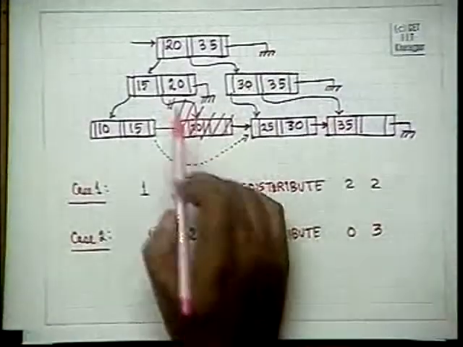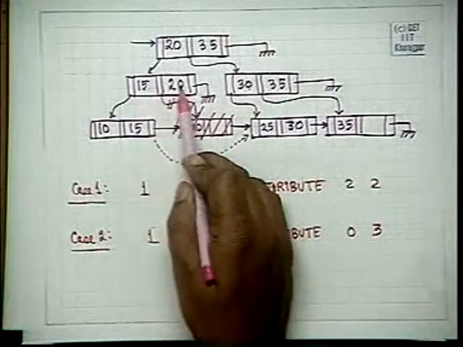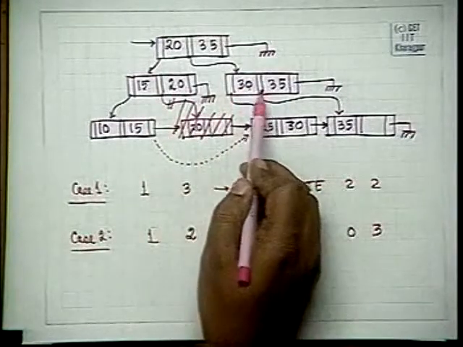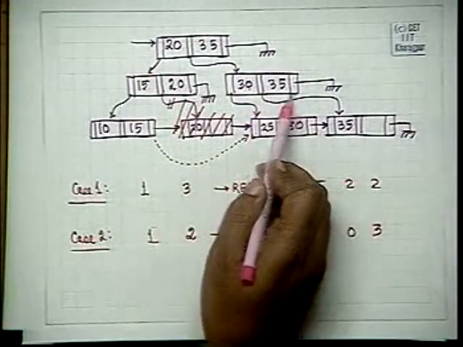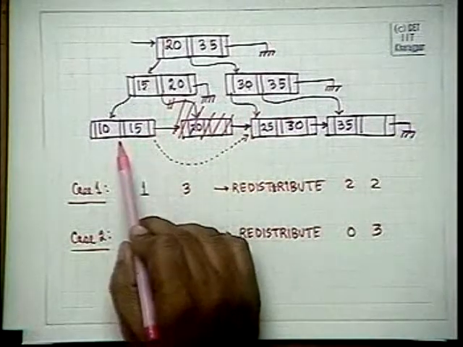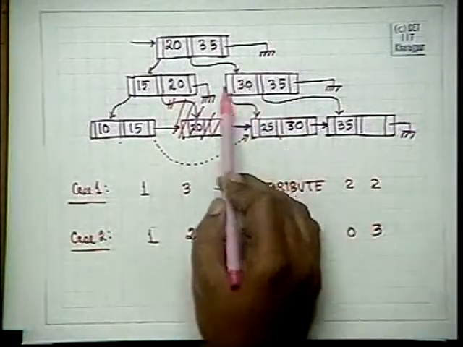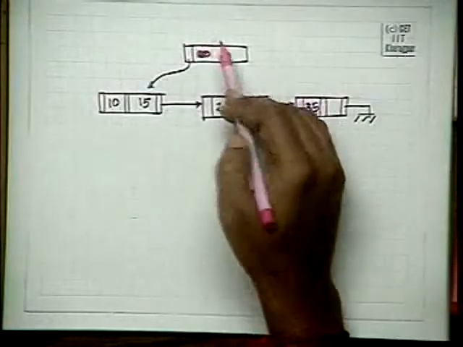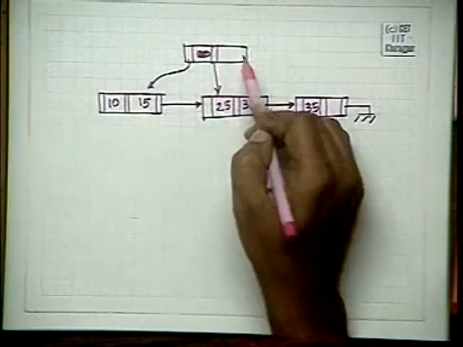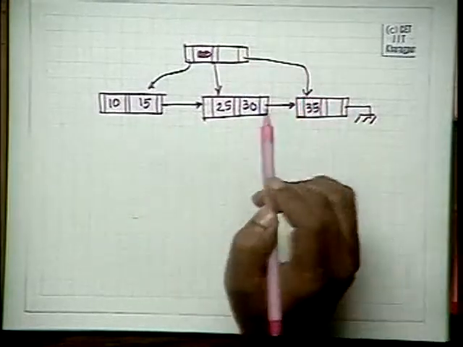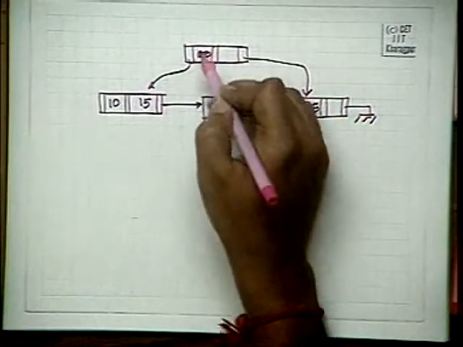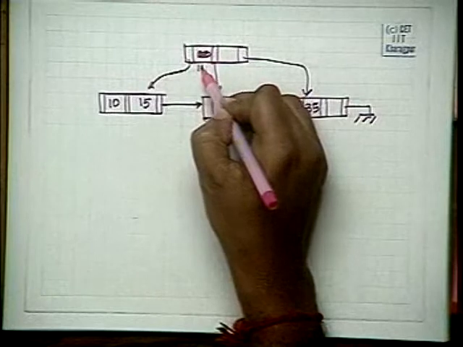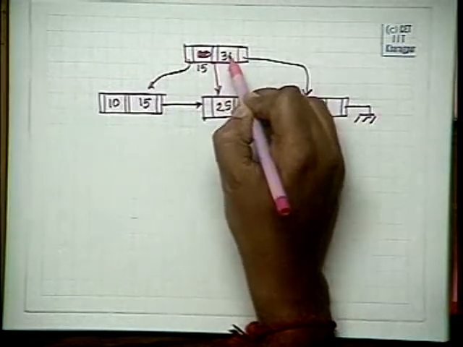We had 2 here. We distributed this and made this have 3 pointers, pointing 1 to here, 1 to here and 1 to here. So we have got only one node here. So we will have an intermediate structure like this, and this value will be 15, this value will be 30.